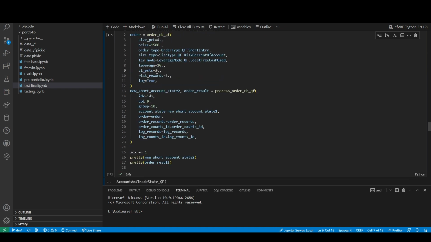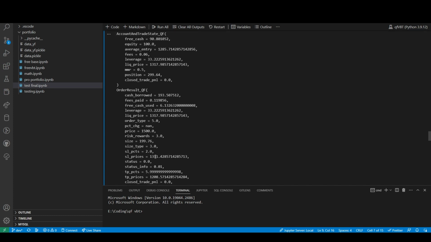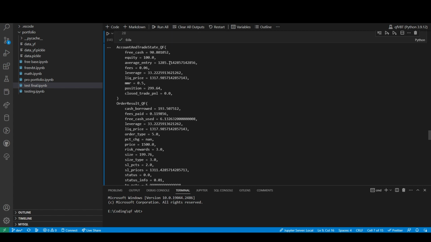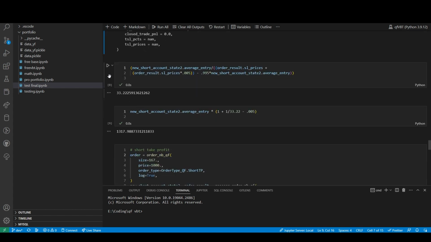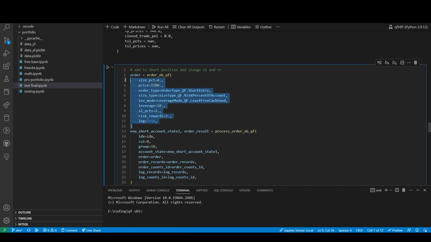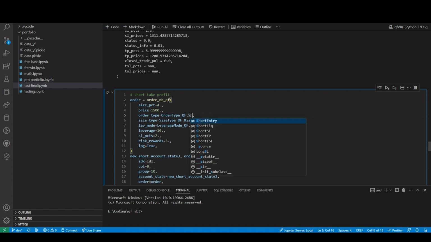I guess if we stick with a 2% stop loss, it's probably always going to be the same for our leverage. Okay, whatever. Order type is 5, percent change is NaN, price is this, so we've got our average entry of this. So now let's delete this, delete this. Short TP.